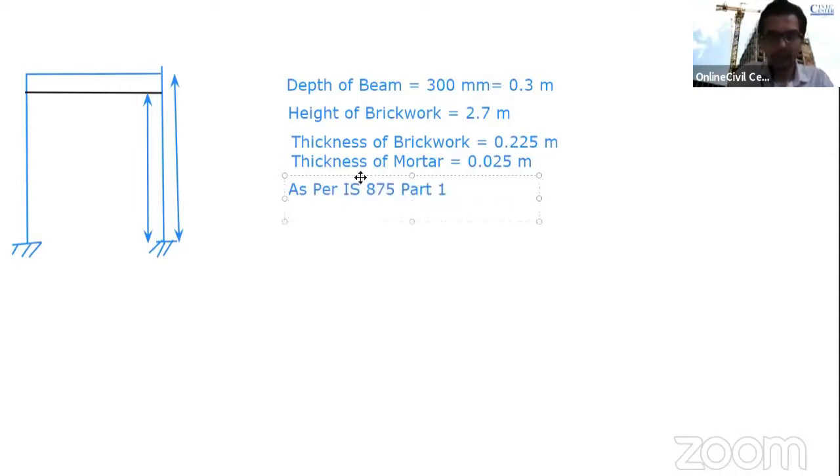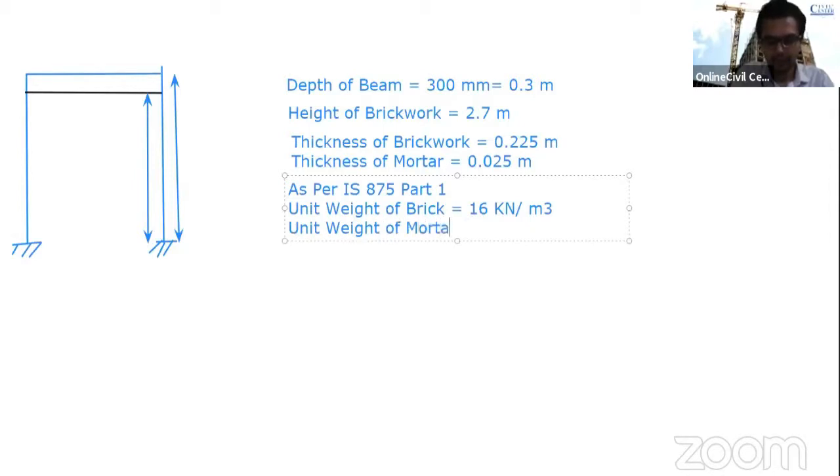IS 875 part 1 gives a range for the unit weight of brick, so take a value between this range, kilonewton per meter cube. And the unit weight of mortar is given as 20.4, let's take 20. If you want the accurate value, we can also take 20.4. So we'll take 20 kilonewton per meter cube. These two values we already got from the IS code.